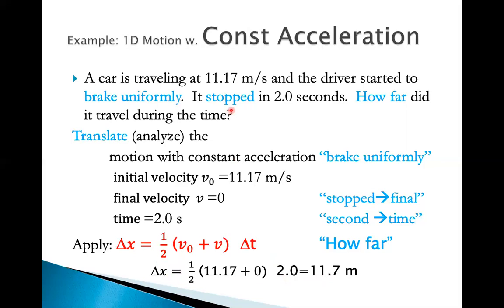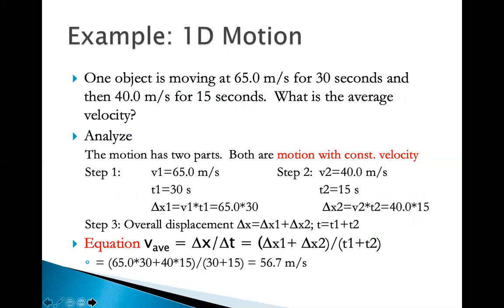In summary, in this problem, we learned how to analyze a problem, that is, to translate words into mathematical expressions. And secondly, we explained how you pick which equation to use: you try out different ones and see which one can take you from what you know to what you need to find out.